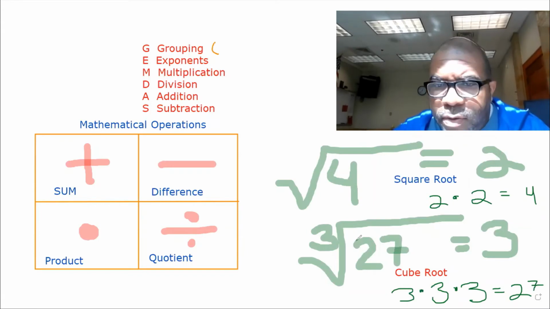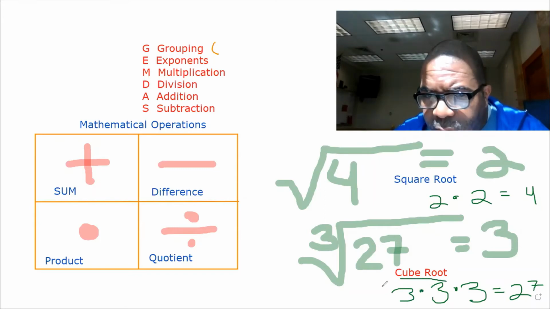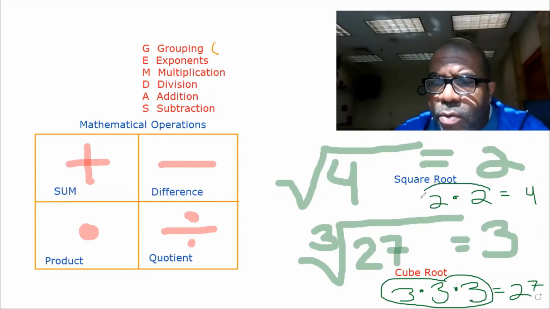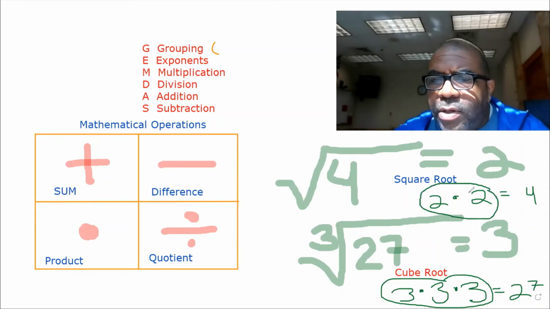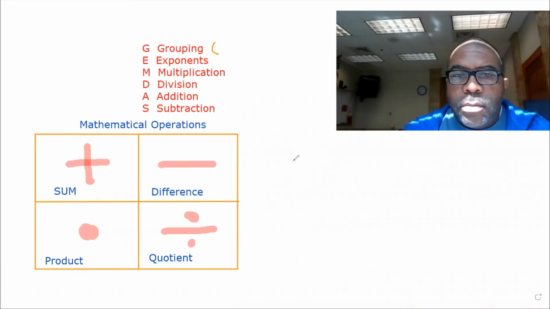So the cube root of 27 is 3. As you see down here, all of these are 3s. There are 3 number 3s. The square root of 4 is 2 because there are 2 number 2s, and when these 2 number 2s multiply each other, you'll have 4.